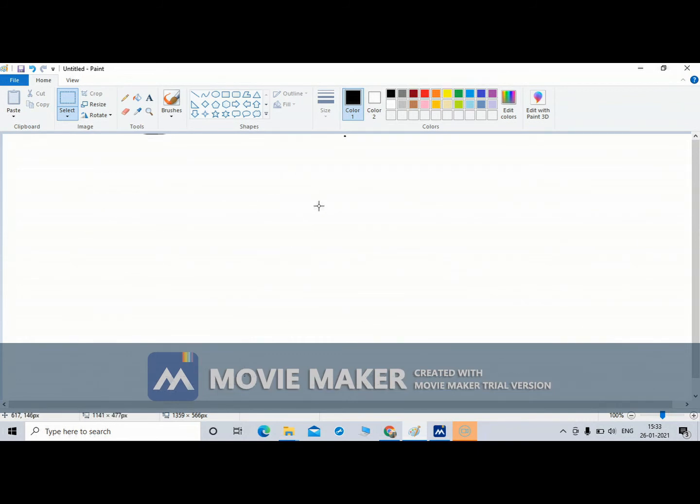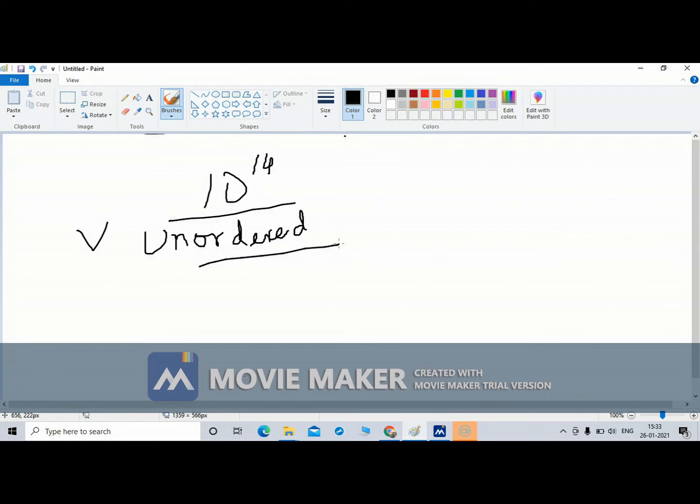How to do that? We know that the range of n is given as 10 to the power 14. So before solving the questions, we make a vector, or you can also make an unordered map or hash map, and we save all the powers of 2.